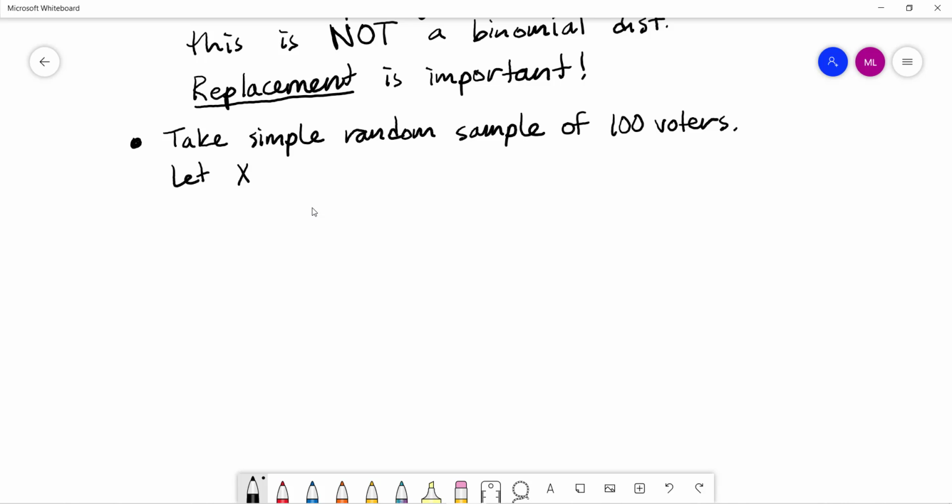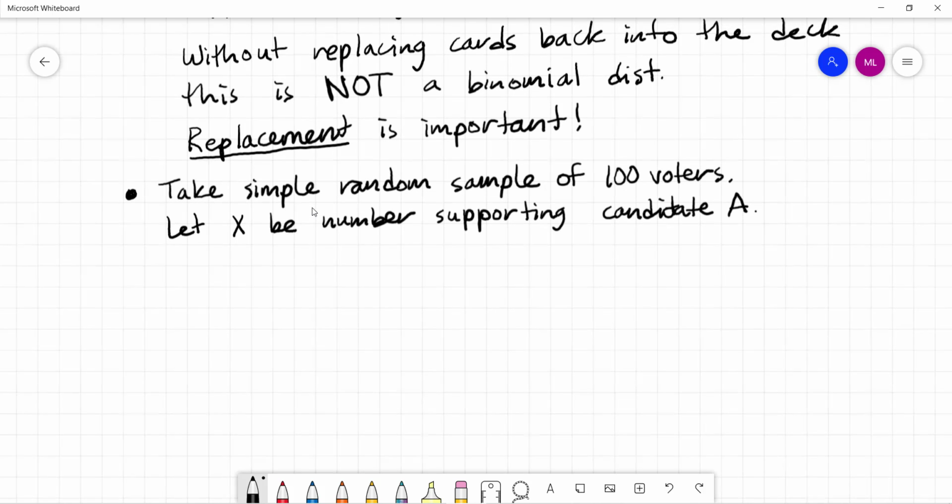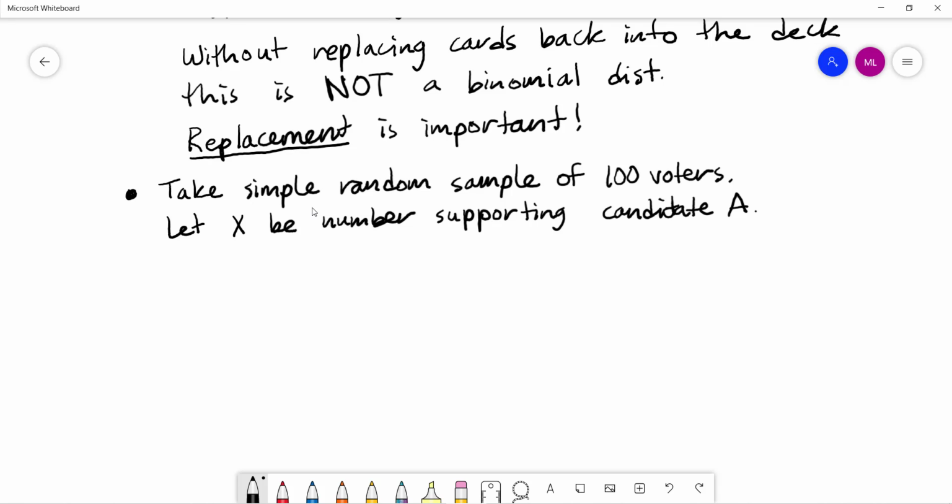Let's let X be the number supporting some specific candidate, candidate A, as opposed to candidate B. Will this follow a binomial distribution? Because it'd be awesome if we could apply that simple formula, even though it looks scary. It's going to be simple when we do it on the calculator in Excel. It'd be awesome if we could apply a formula to figure out probabilities related to this.